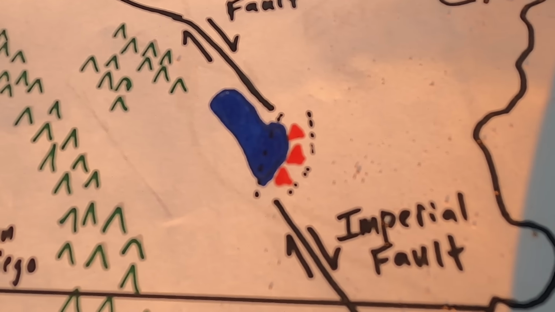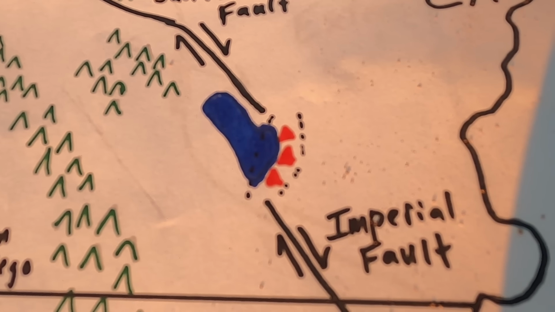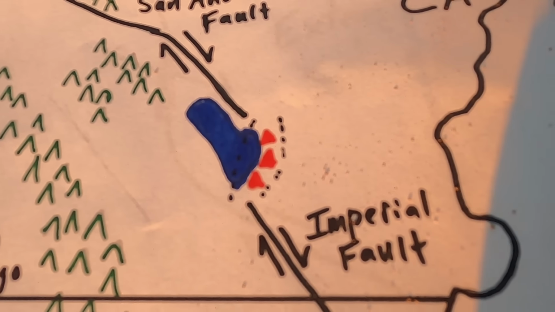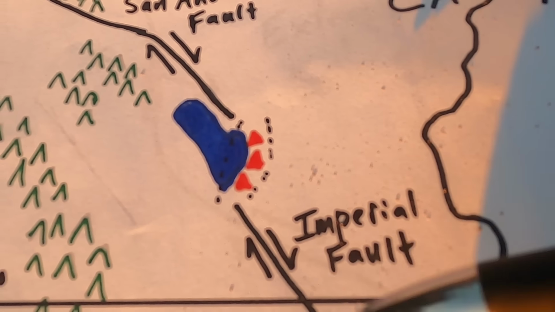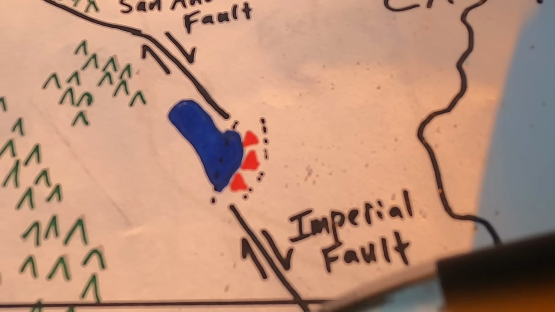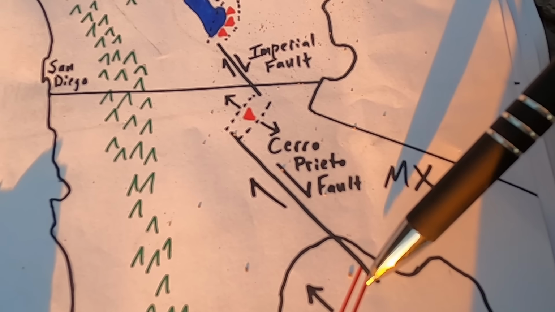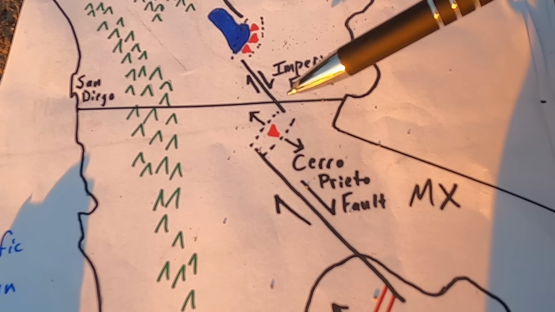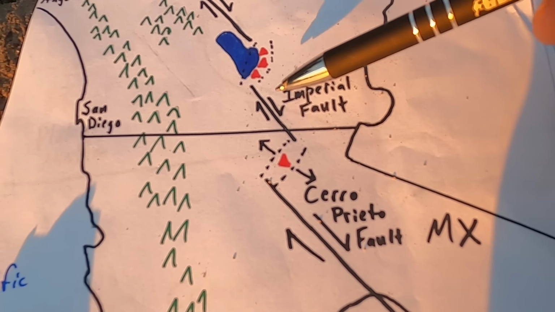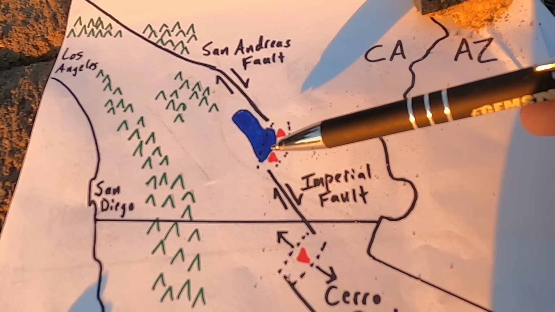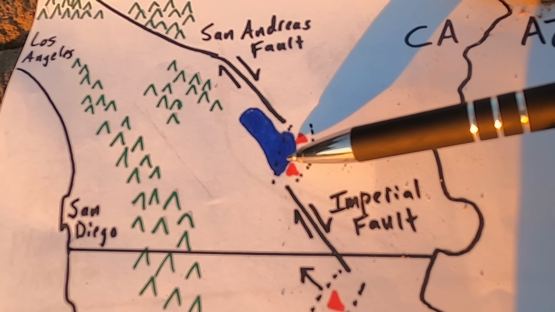The only reason we don't have the ocean in here, because we are below sea level at this location, is because the Colorado River has dumped so much sediment into its delta region that it's built up enough sediment to keep the ocean at bay. But undoubtedly at some point in the future, as this spreading continues, the Gulf of California will extend up into the Imperial Valley, reoccupy the Salton Sea region as it did formerly when it was Lake Cahuilla.